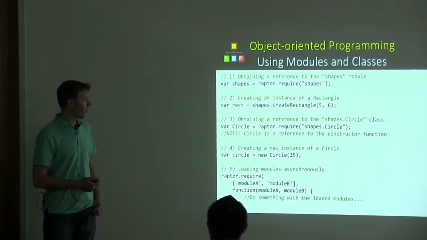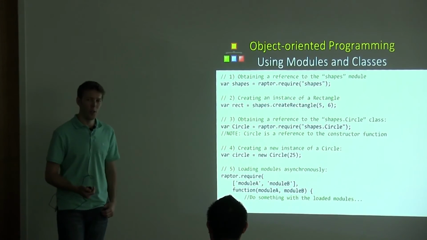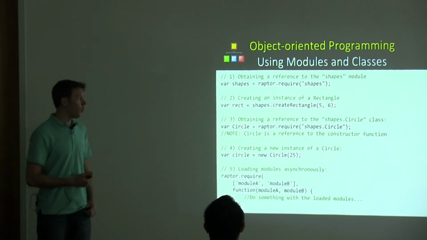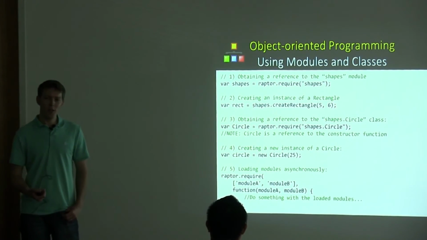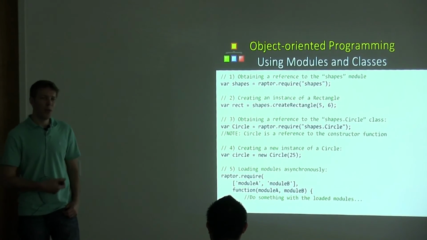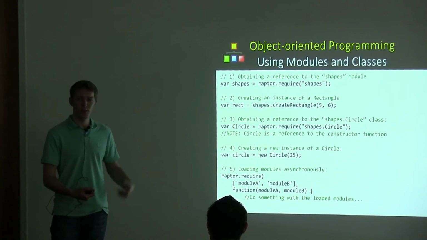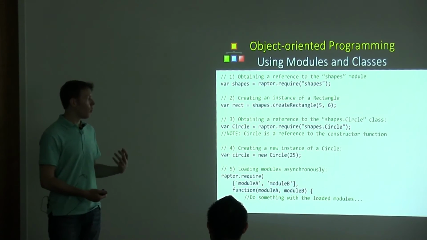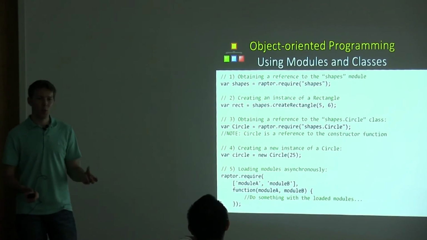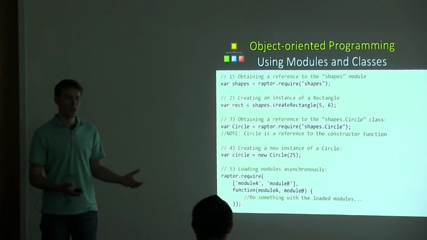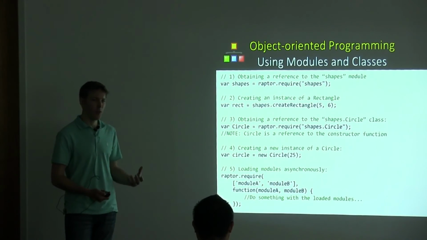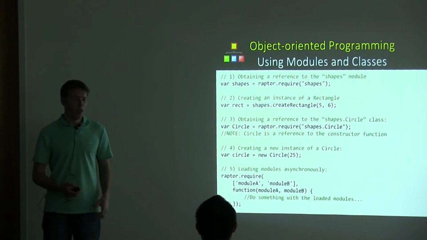The second part is actually creating an instance of a rectangle. One nice thing you can do with the module pattern is expose methods that do the creation of the instances for you. So you don't care what the fully qualified name of the rectangle class was or where it even existed. You just have a factory function, or we'll call it a creator function just to avoid confusion, that you can invoke.